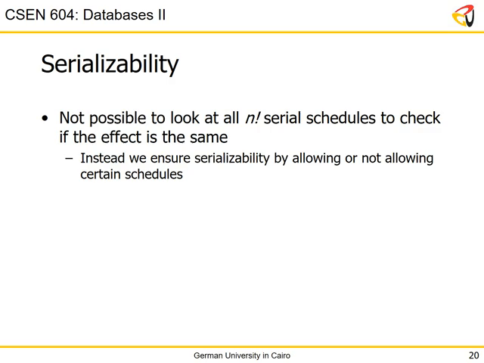Obviously, it is not computationally efficient to scramble the reads and writes and then look at the effect of the scrambled reads and writes on the database engine, evaluating the impact on the database of all the n factorial serial schedules, and see if this specific scrambling that we did matches any one of the serial schedules' effects.